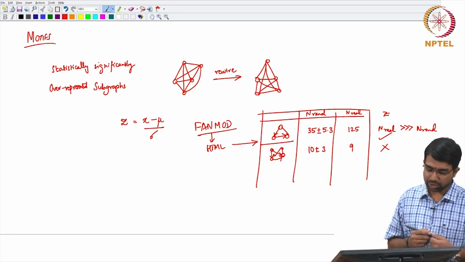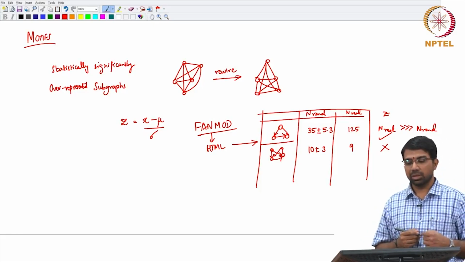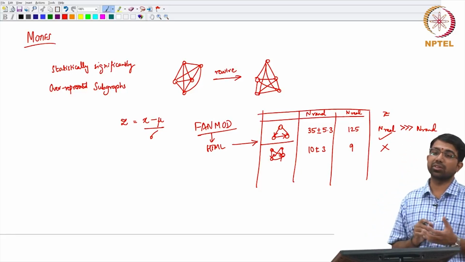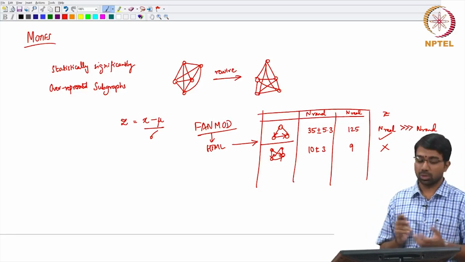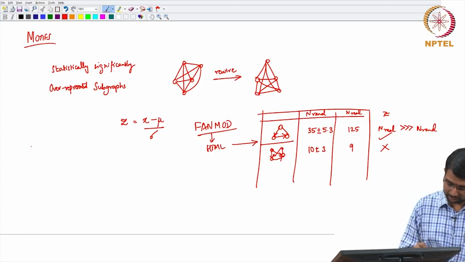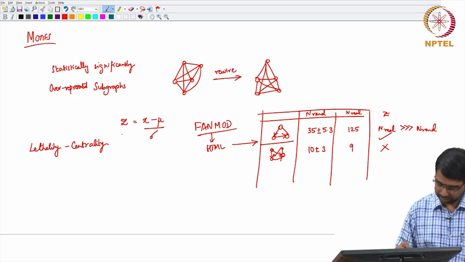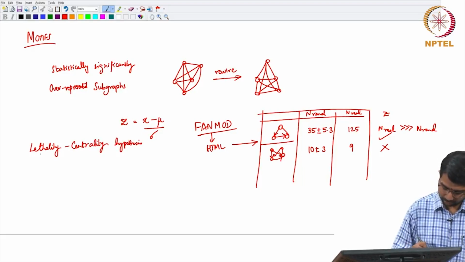In fact, maybe one thing we should discuss is how do you really damage a network? What is the most effective perturbation you can do to a network? So, the one concept I did not review yet was the lethality centrality hypothesis. What does this state?